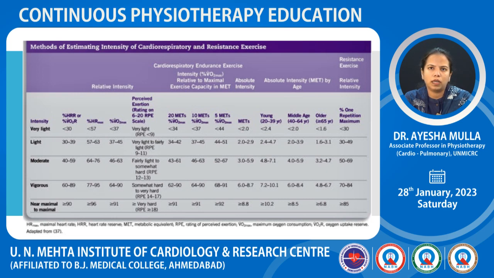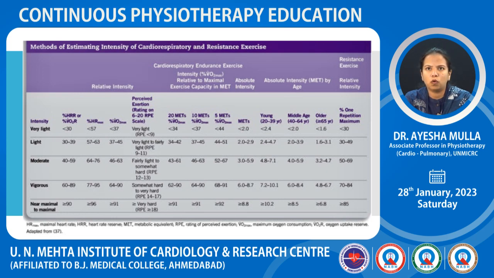Not only this, but we can prescribe depending on the MET value also. The MET value here is given for the age group, as we can say the absolute intensity or the MET by age. For the younger age group, the very light activity is less than 2. It increases the MET levels such as 2.9, 5.9 and 8.7 from light to vigorous activity.